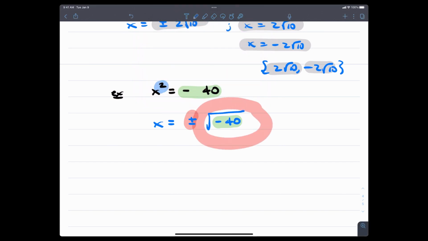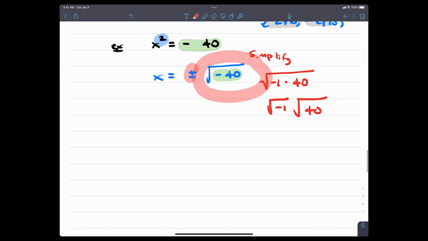What do you do with this radical? We get to what? Simplify. Square root of negative 1 times 40. Square root of negative 1, square root of 40. All right, square root of negative 1.